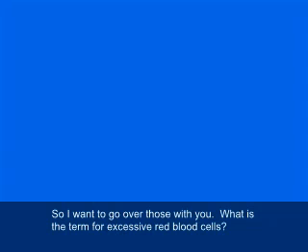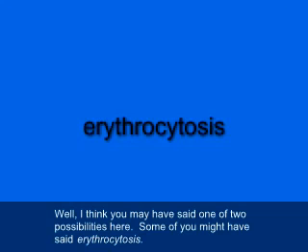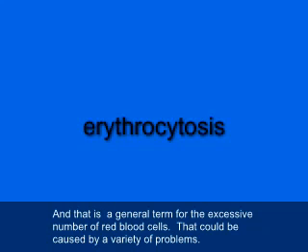What is the term for excessive number of red blood cells? Well, I think you may have said one of two possibilities here. Some of you might have said erythrocytosis, and that is a general term for the excessive number of red blood cells, and that could be caused by a variety of problems.